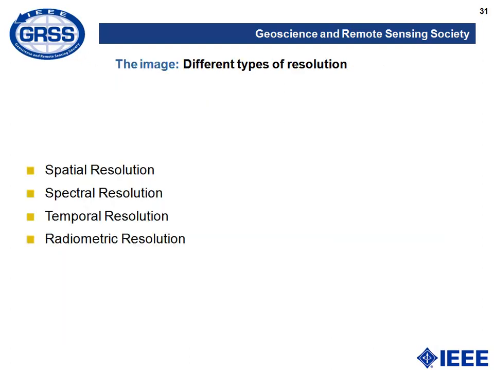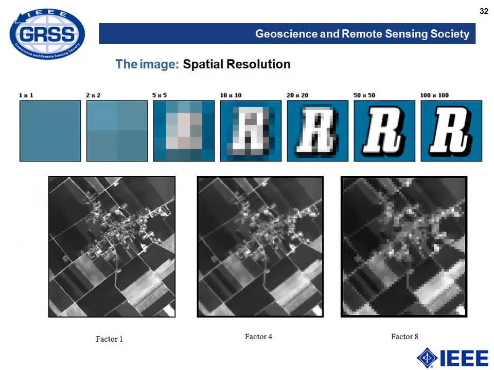The image represents the key element of usability in any Earth observation architecture and strategy. So to talk about the image is to talk about different sorts of resolutions: spatial, spectral, temporal and radiometric resolution. The slide represents different examples of spatial resolution.